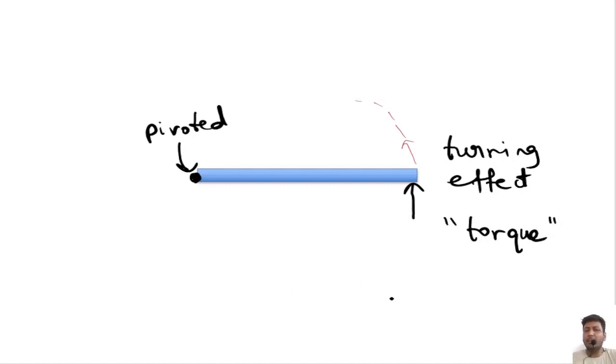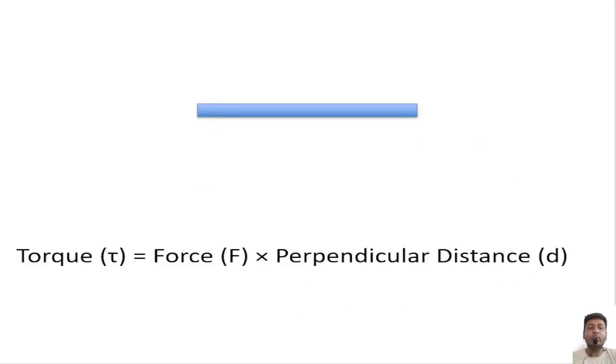We can name it another way as well. We can say it is moment of force. Now the magnitude of this torque is given by torque equals force multiplied by perpendicular distance.